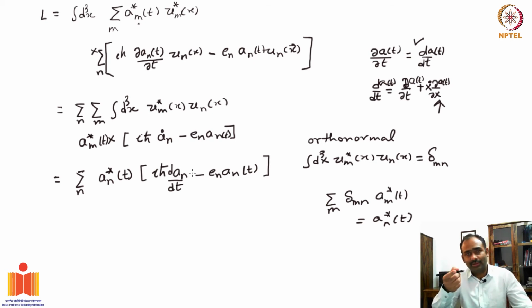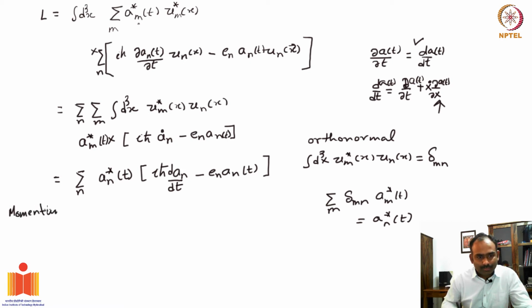Okay, so, that is fine. Now, I would like to construct the Hamiltonian, and if you recall how Hamiltonian is related to the Lagrangian, it is p q dot minus L. So, I have to construct first the momentum conjugate to the dynamical variables A. Okay, so, that is what I am going to do. Okay, so, let us construct momentum conjugate to a n of t.